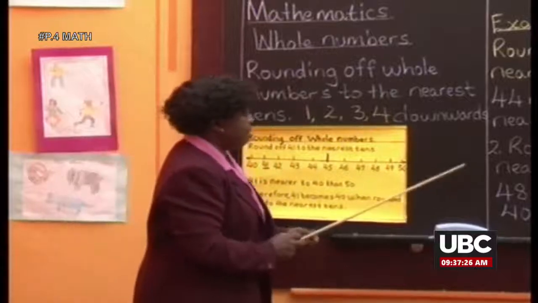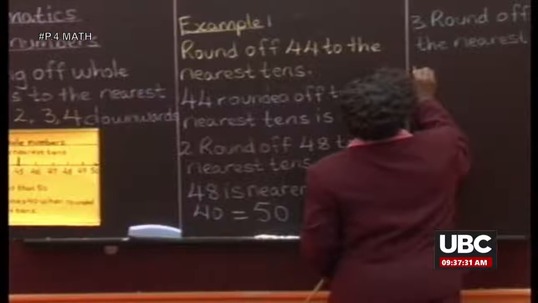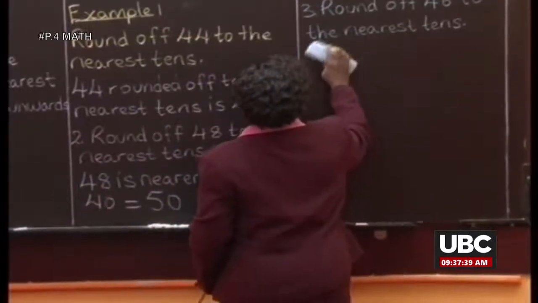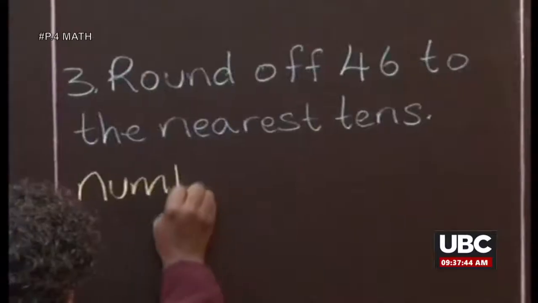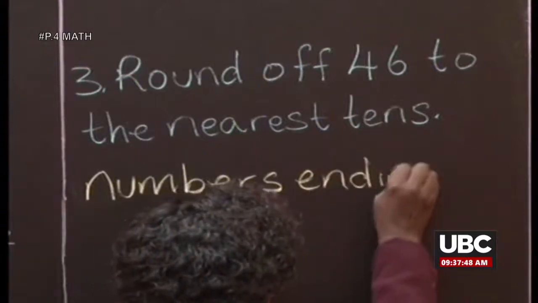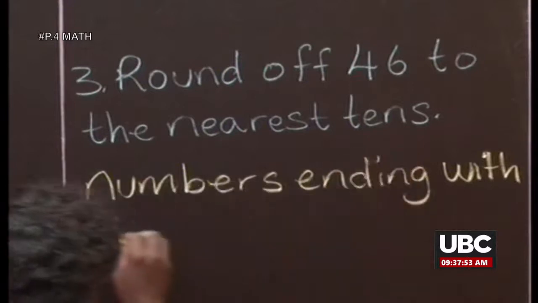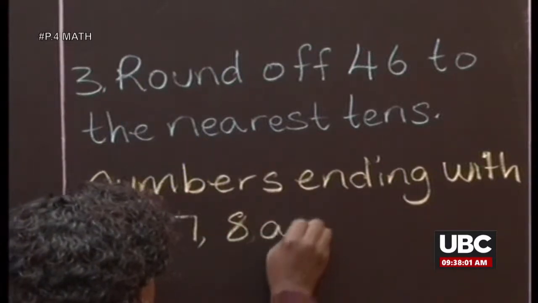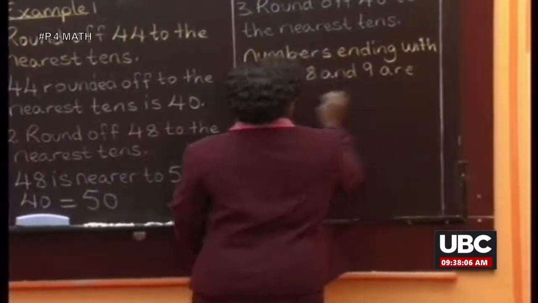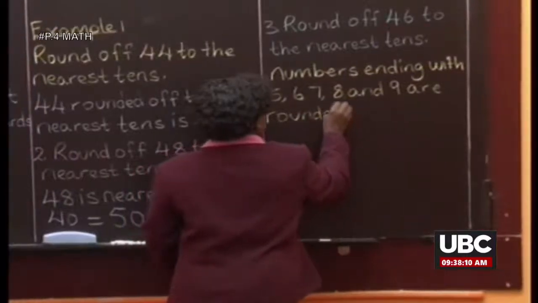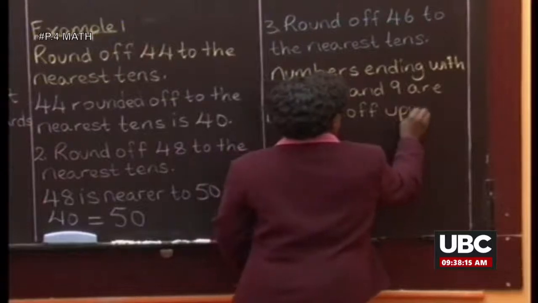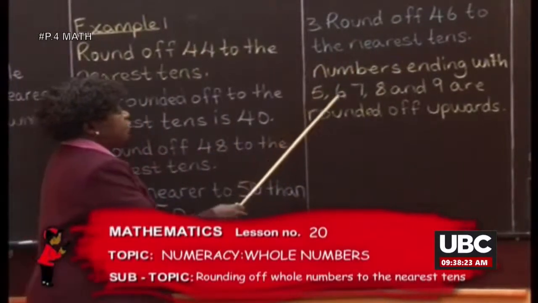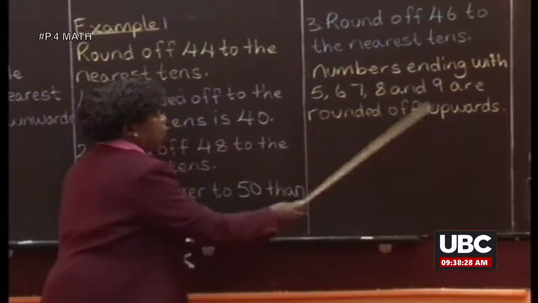And numbers ending with 5, 6, 7, 8, and 9 are rounded off upwards.